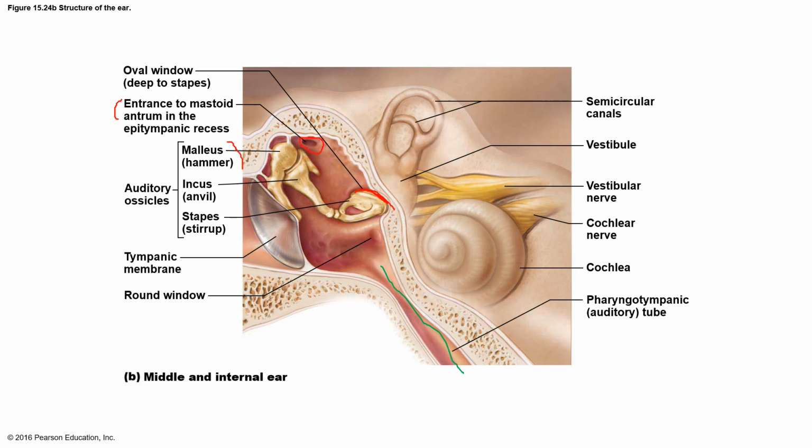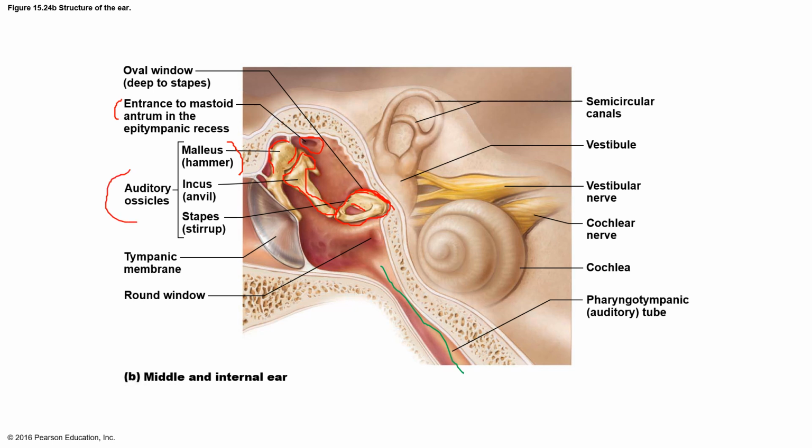The malleus, also known as a hammer, like a mallet, right? Malleus. Incus, or an anvil, right? Looks kind of like an anvil. Stapes or stirrup. This one looks like a stirrup to me, like what you put your feet in when you're riding a horse. Makes sense.